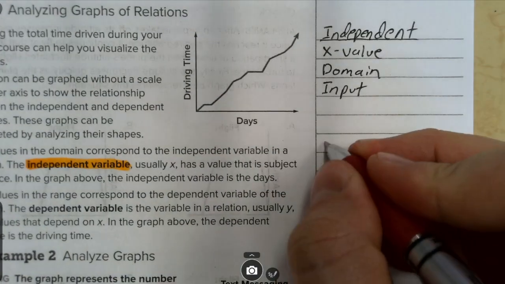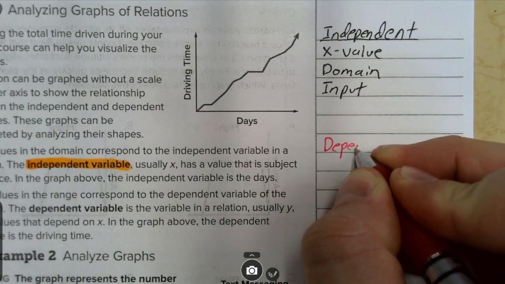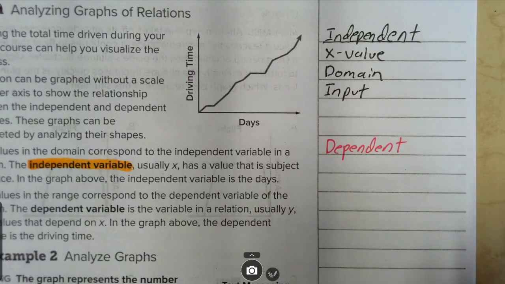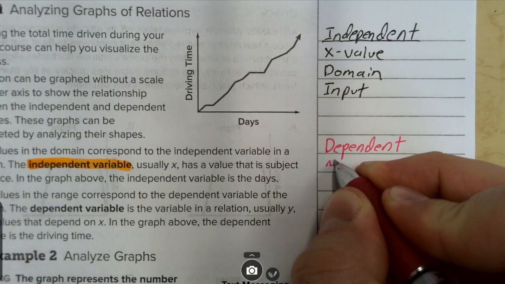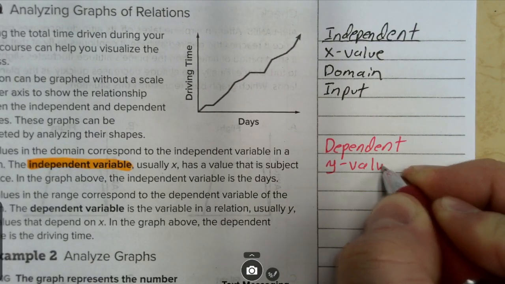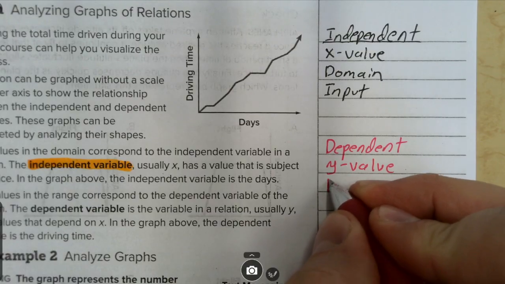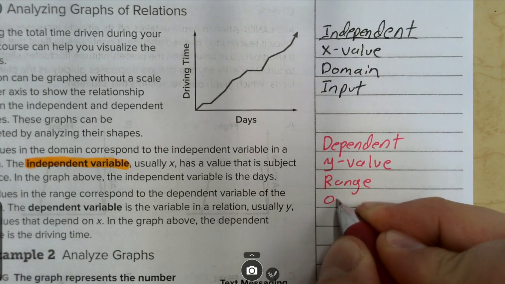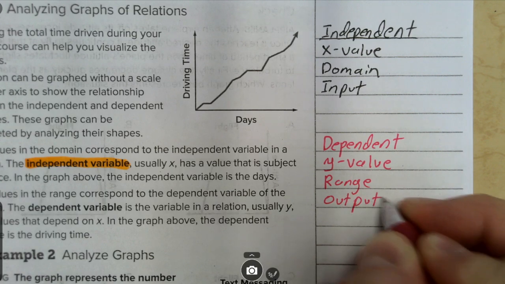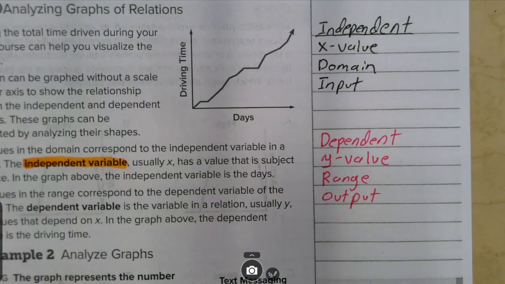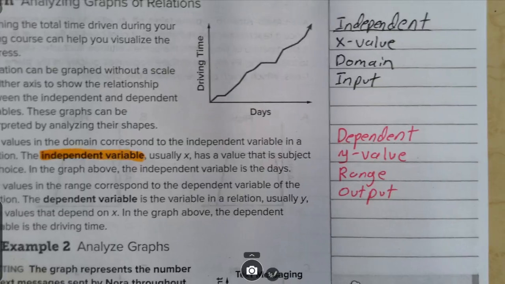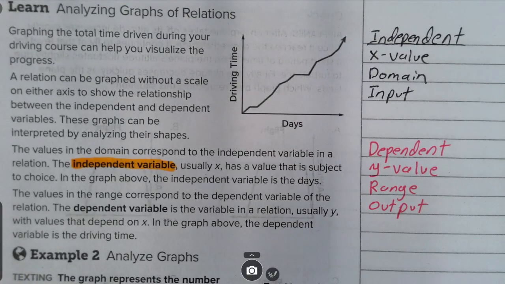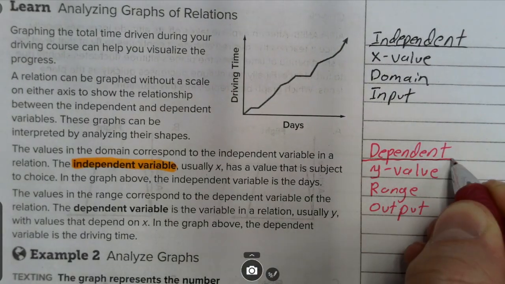The dependent is the y value. This is the range. And this is the output. The independent value is what we plug into an equation, and the dependent value is what we calculate from that.